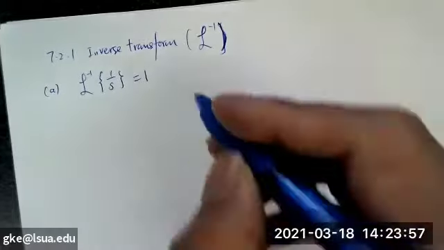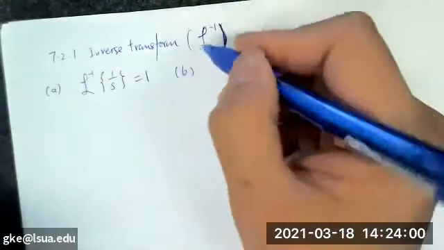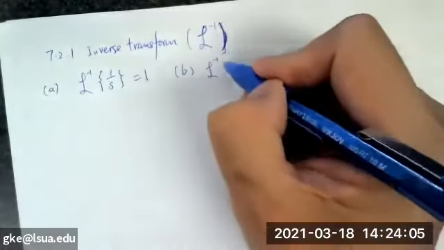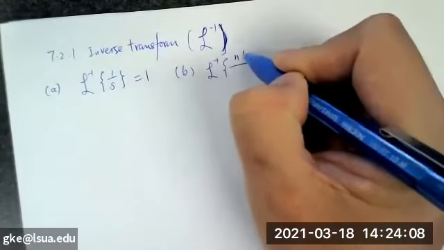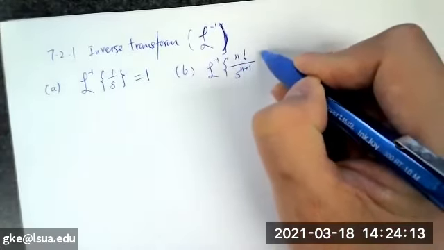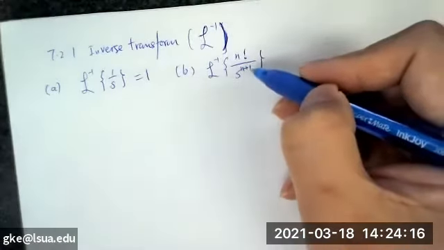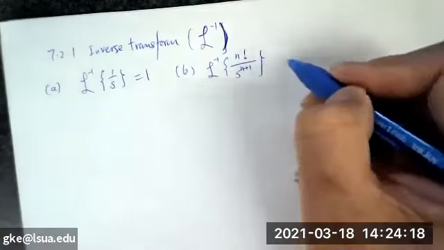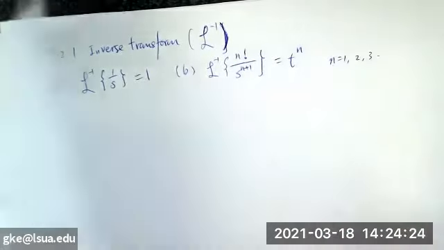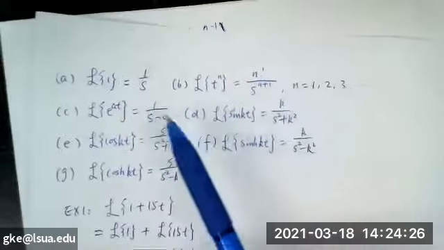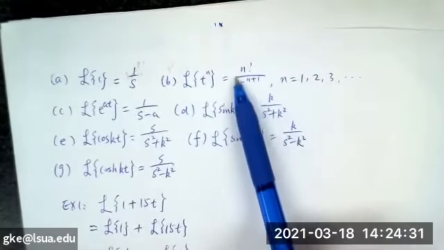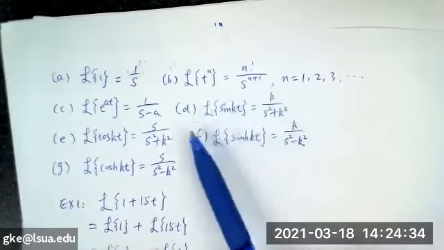Formula B, the inverse of n factorial divided by s to the power n plus 1 equals t to the power n. Here it's the same thing. Because the Laplace transform goes from t to the n to n factorial divided by s to the n plus 1.